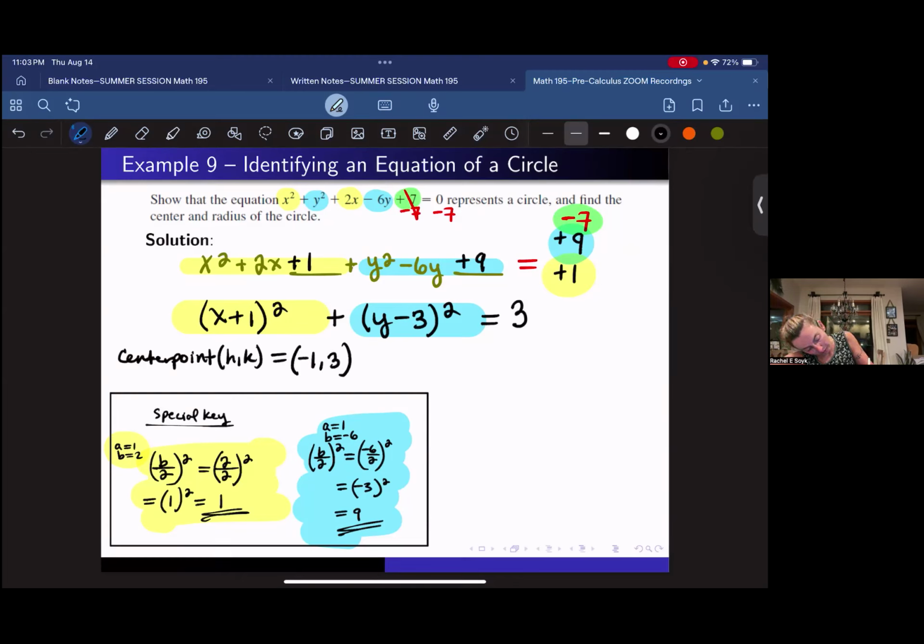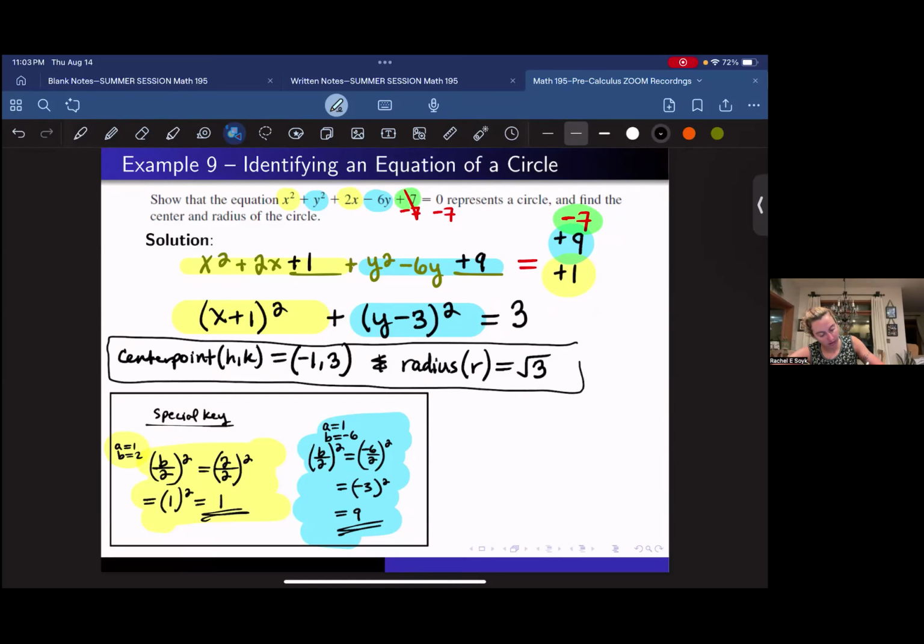And then our radius, which is our r, is just equal to the square root of 3, since 3 is technically r squared. And we have completed example 9. This is also the last example for this section.